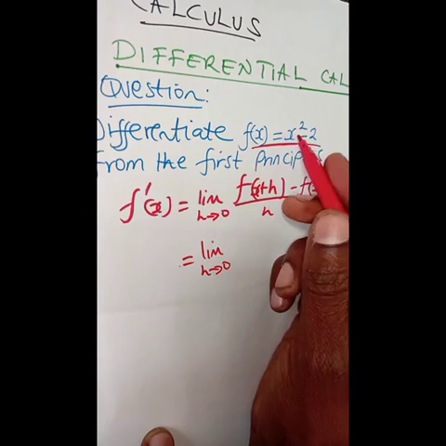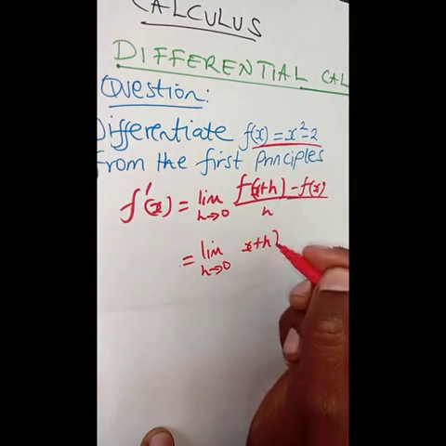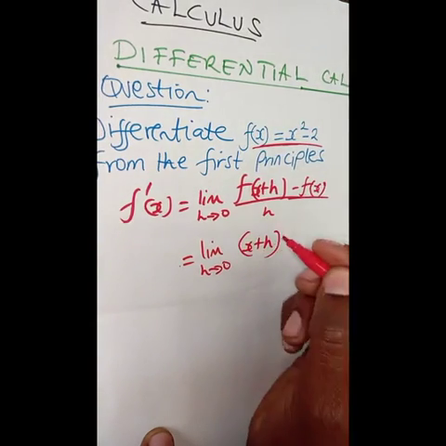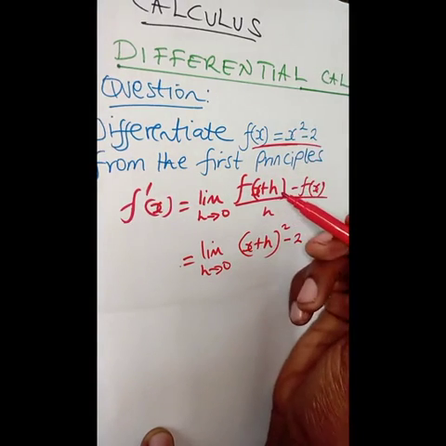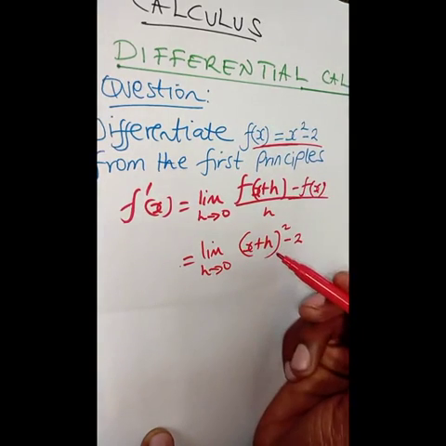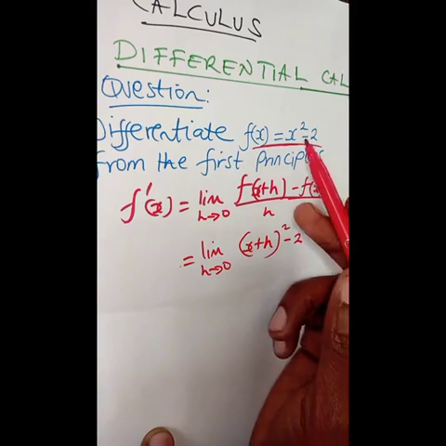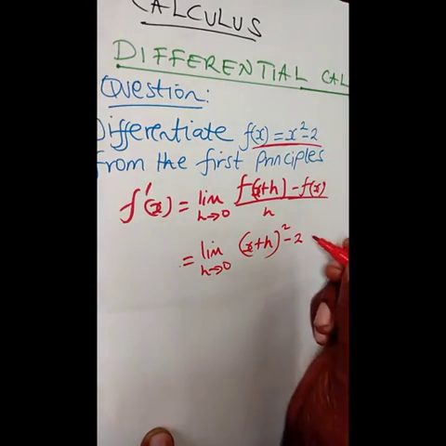Where there's x, we put x plus h. Then there will be minus 2. Remember, where there's x, we put x plus h, so it will be x plus h squared, because x plus h represents this x. Then there's minus 2 there.